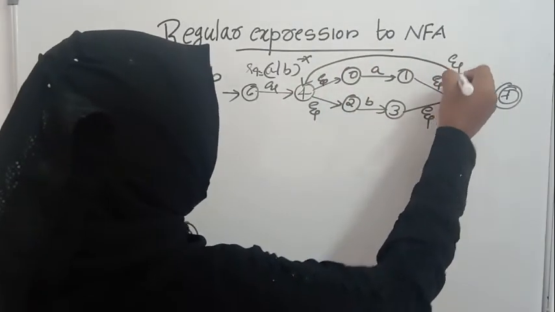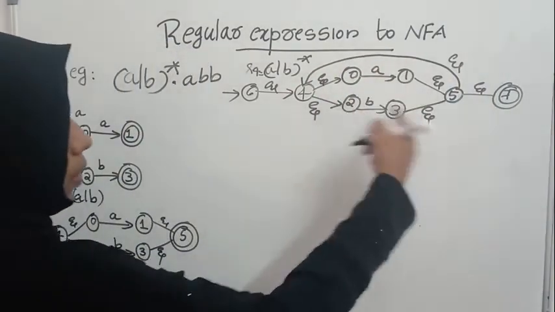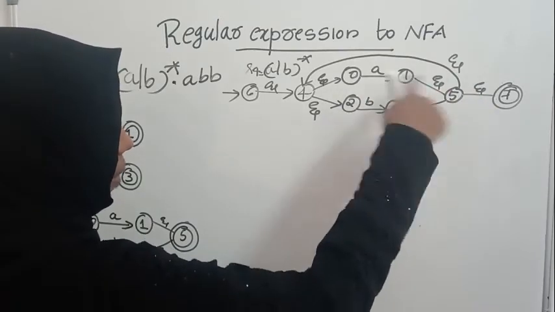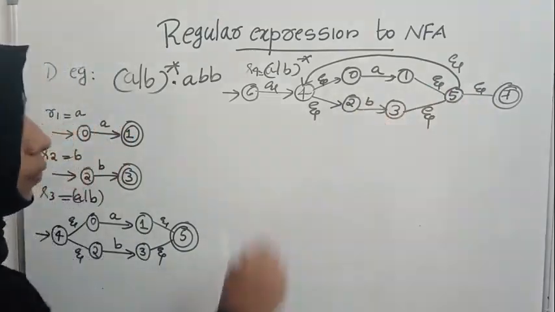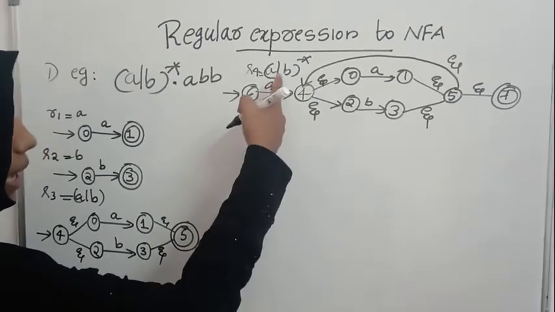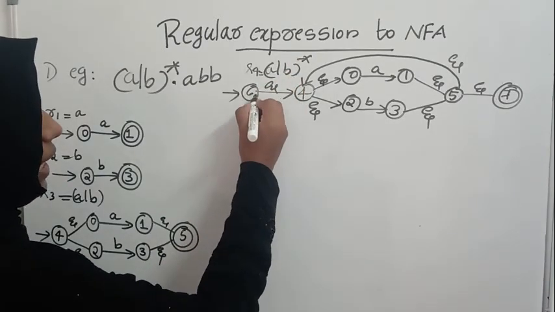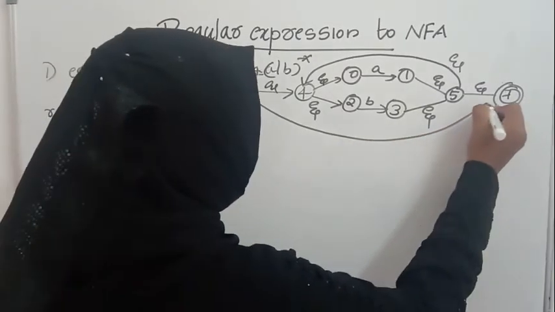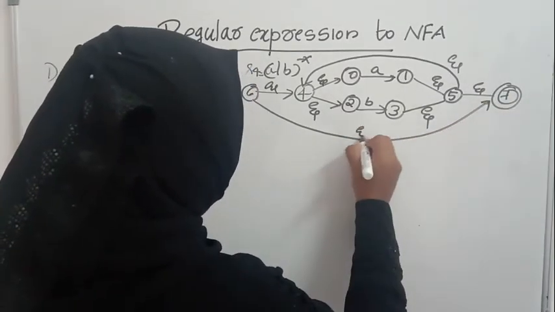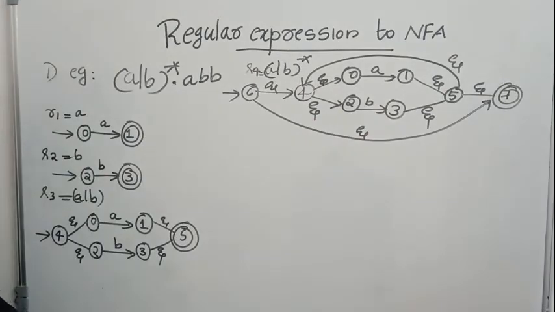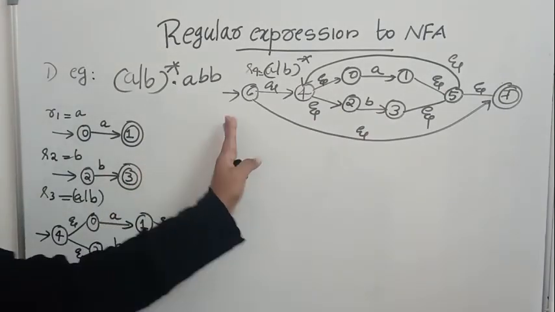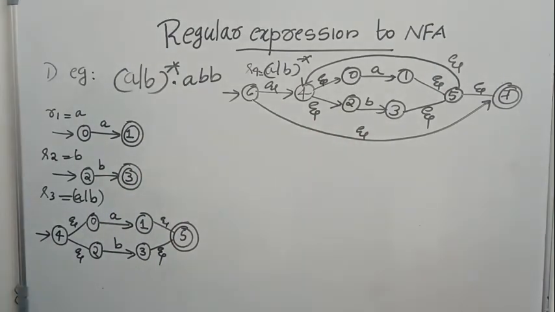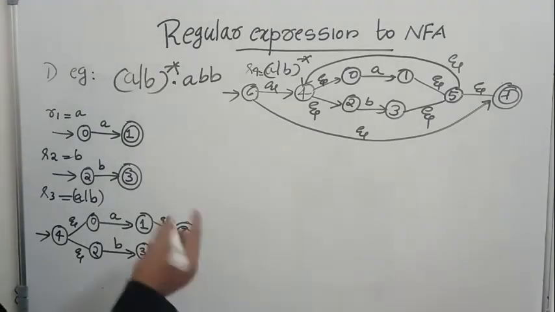So an epsilon loop from 4 to 5, so that any number of times it can be repeated. And even if the A or B is completely absent, this should be working fine. So you can completely skip this and go from the start state 6 to the final state 7. So that is the NFA for (A or B) the whole star.